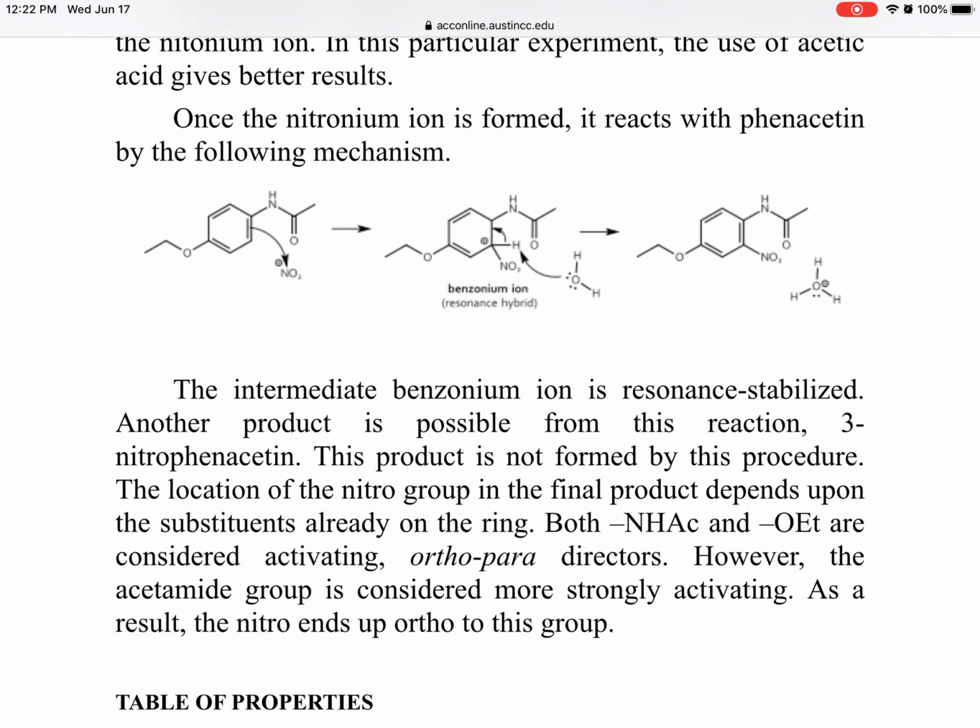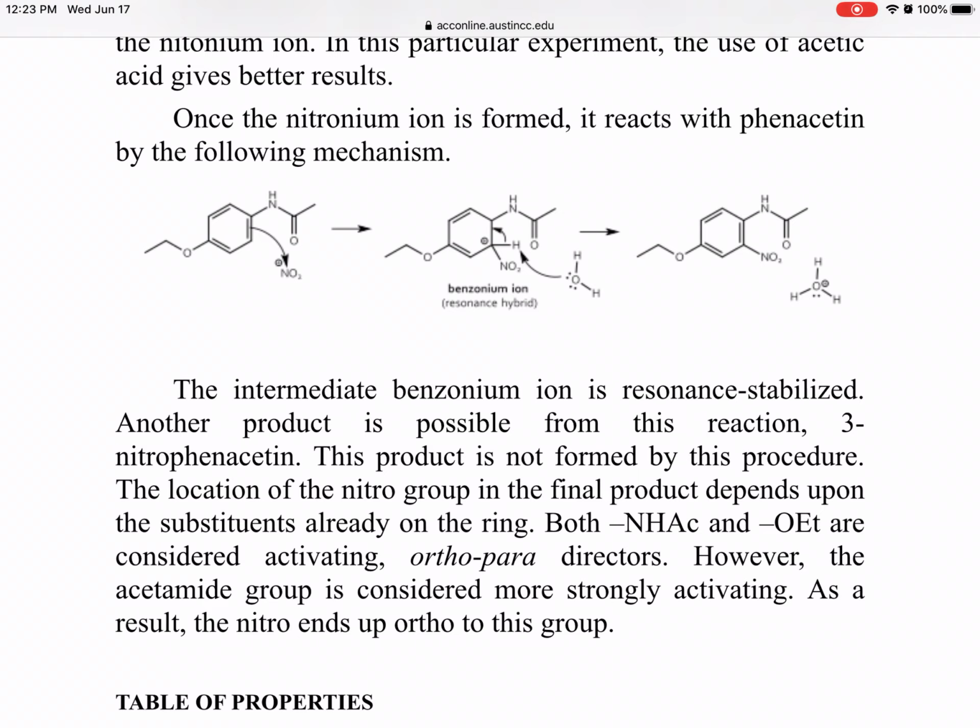However, the acetamide group, which is the nitrogen and the carbonyl group, is considered more strongly activating. As a result, the nitro ends up ortho to this group. If the ethoxy or OCH2CH3 group, the OEt group, were more strongly activating than the other group, then the substituent would attach ortho to that position.